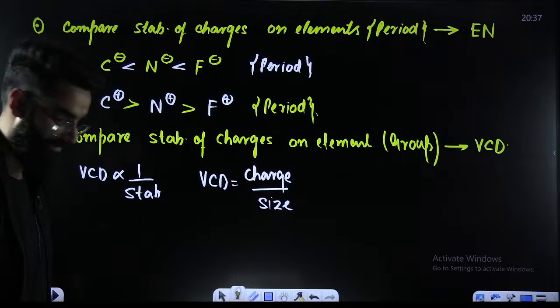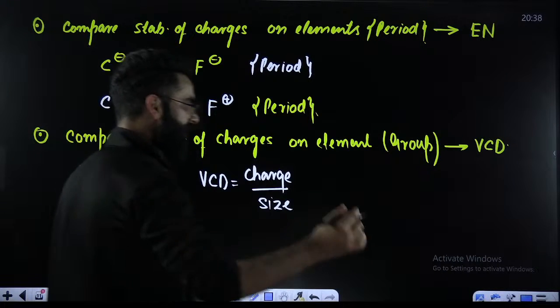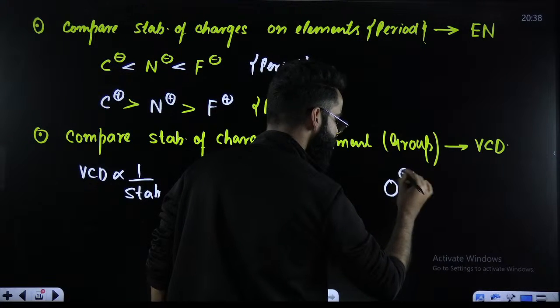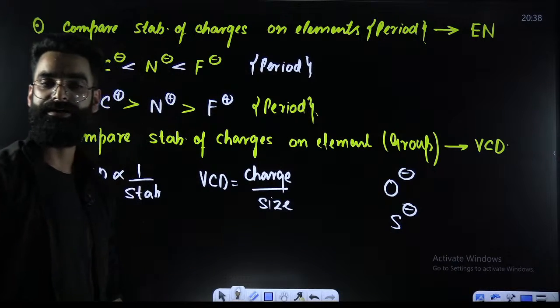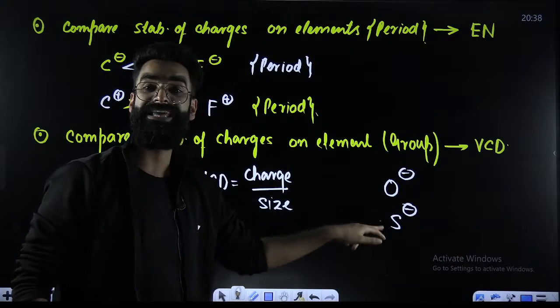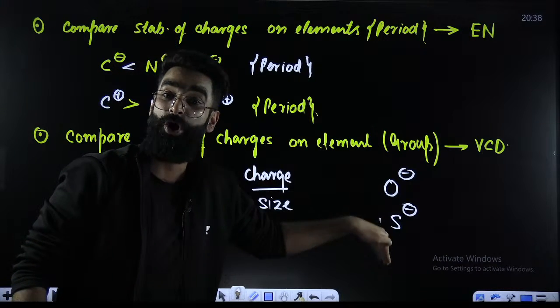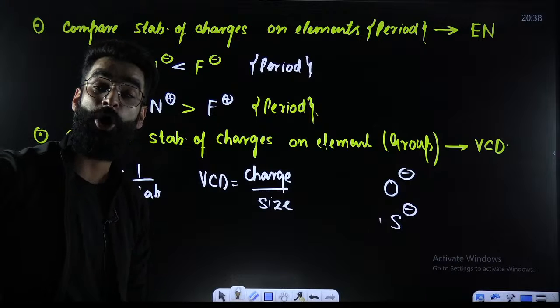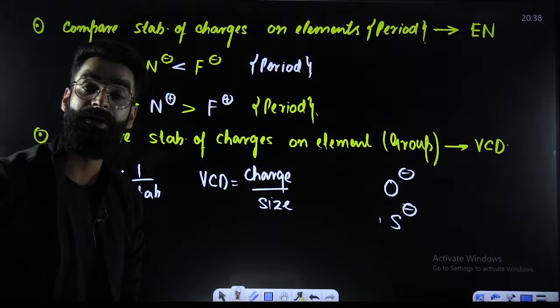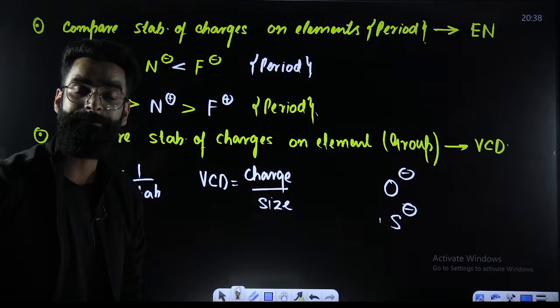For example, let's say we have oxygen carrying negative, and sulfur carrying negative. These elements belong to the same group. And whenever you need to compare the stability of the charges on the elements which belong to the same group, you'll be talking in terms of VCD.